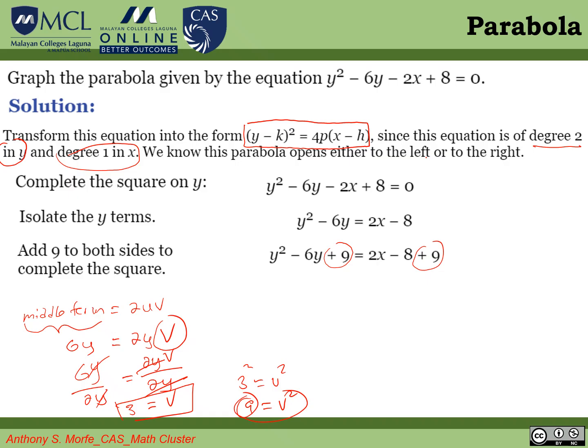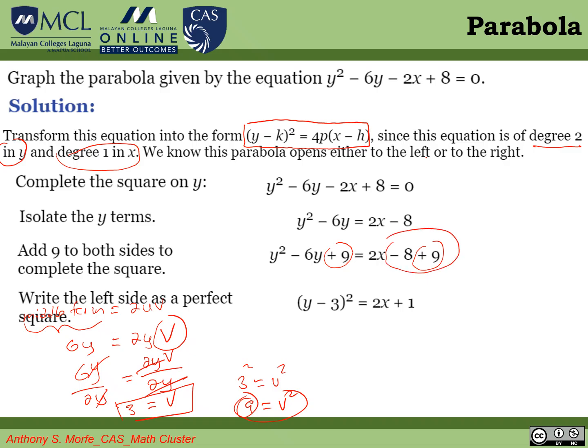So this is a perfect trinomial square, which we can write as y minus 3 squared, equal to, when you combine negative 8 and 9, we have positive 1. So you can see the left side is a perfect square.